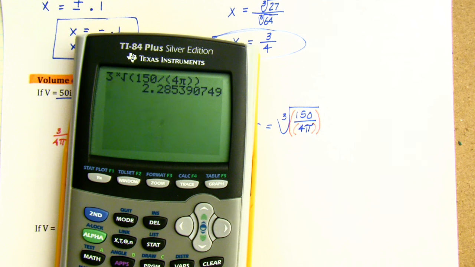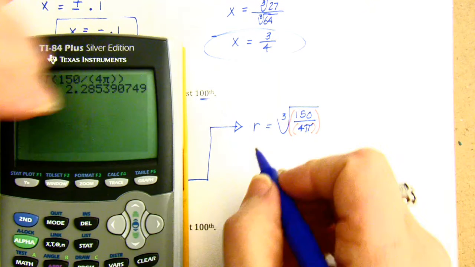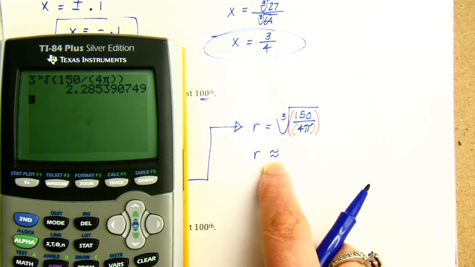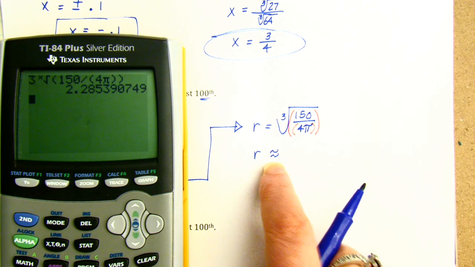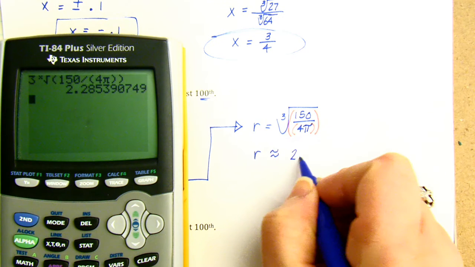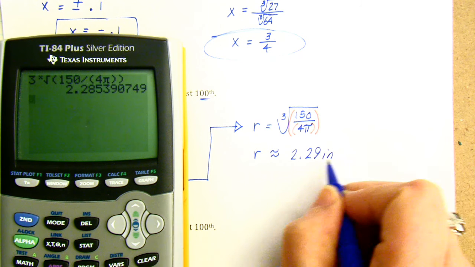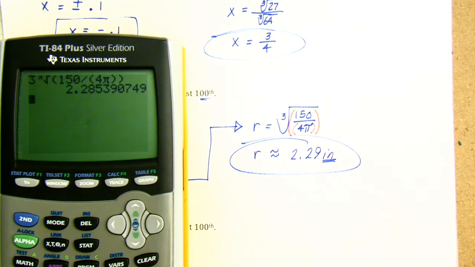The number 100 has 2 zeros, therefore we are rounding to the second place. So r is approximately equal to, you've got to use the wavy equal sign because we're rounding, 2.29 inches. You need units.